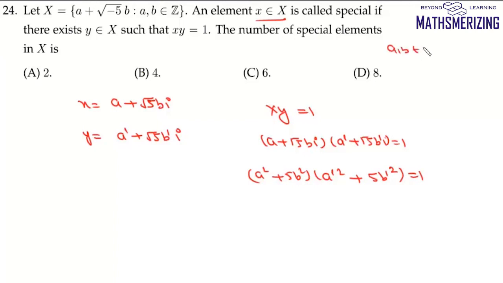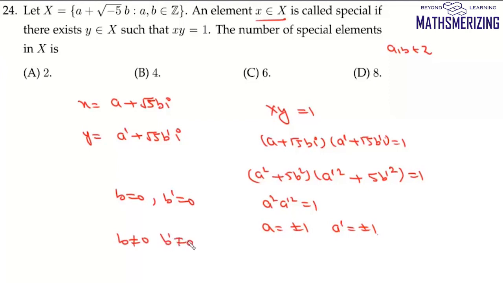Now a and b, they are integers. Now if b equals 0 and b dash equals 0, we'll get this condition that a square into a dash square equals 1. So we'll get a as plus minus 1 and a dash as plus minus 1. And if b is unequal to 0 and b dash is unequal to 0 and they are integers, then in that case this value x into y can never be equal to 1.